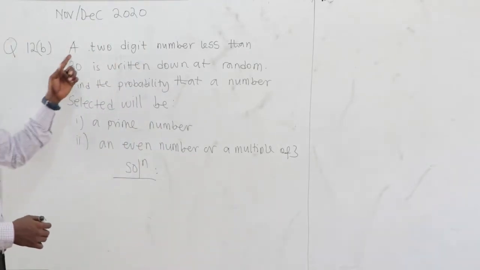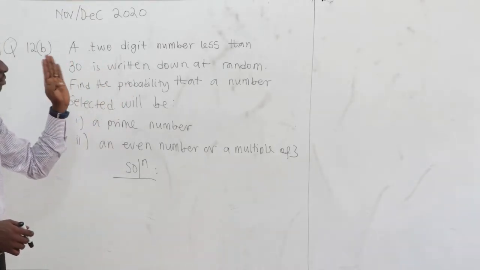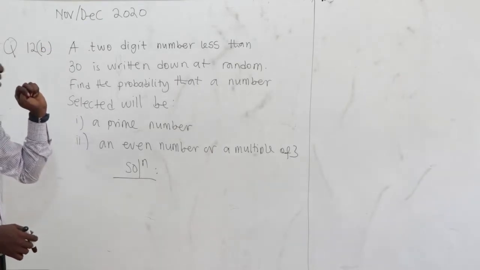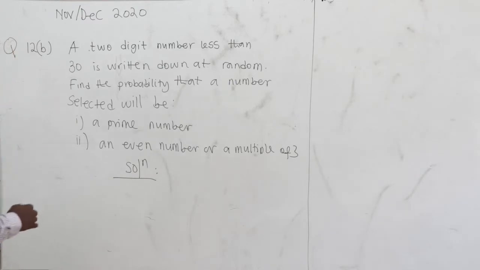We are being told that a two-digit number, that is 10, is a two-digit number, 11, so from 10 all the way to, since it says less than 30, 29.